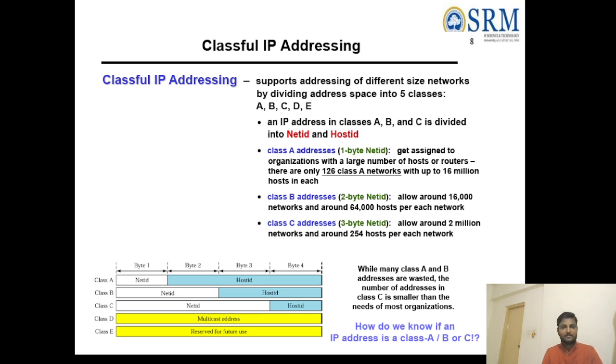We use a multicast address to send to every computer within a subnetwork, within a network, or within the internet also. At that time, the special address, that is the multicast address, is used. The remaining addresses after this are reserved for future use.